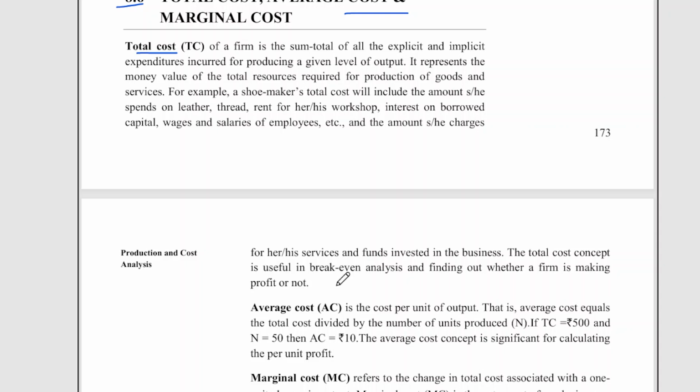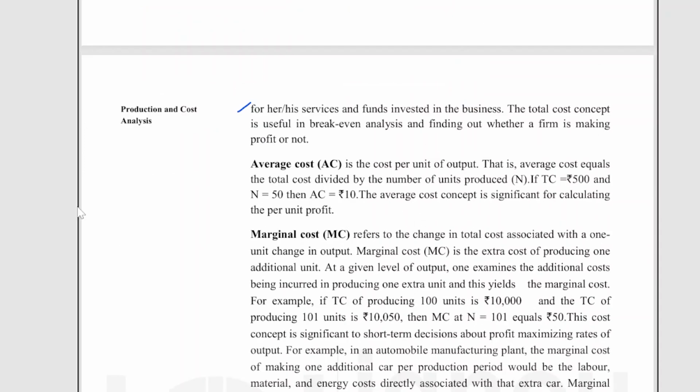For example, a shoemaker's total cost will include the amount she spent on leather, thread, rent for her workshop, interest on borrowed capital, wages and salaries of employees, etc., and the amount she charges for her service and funds invested in the business. The total cost concept is useful in break-even analysis and finding out whether a firm is making profit or not.